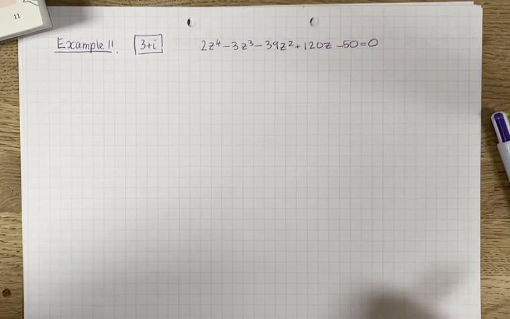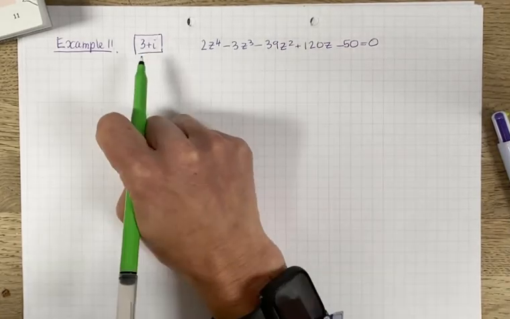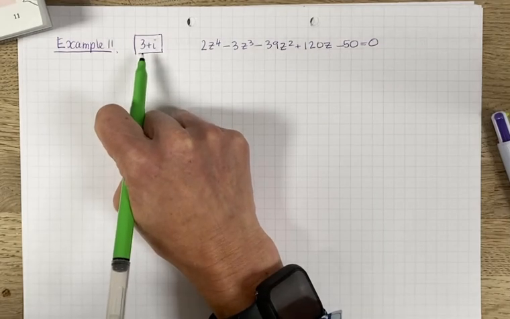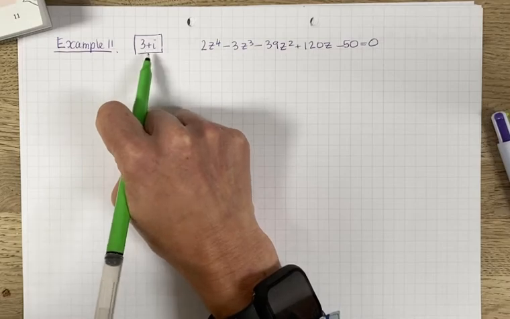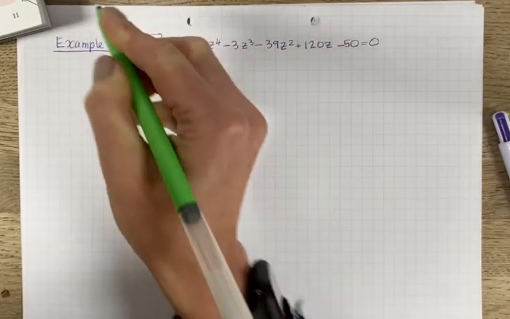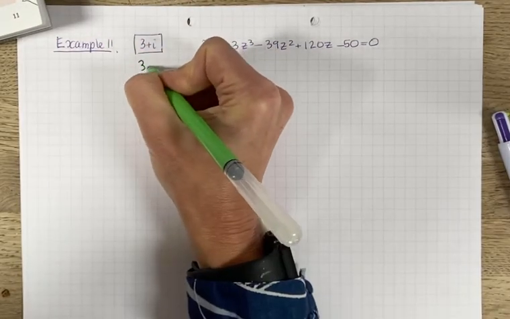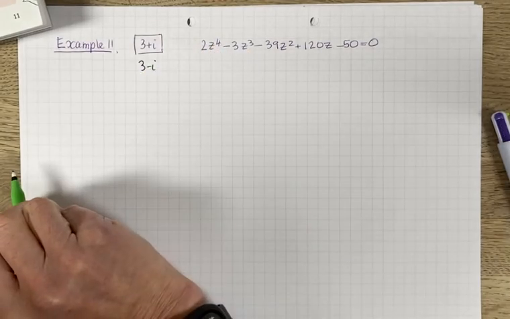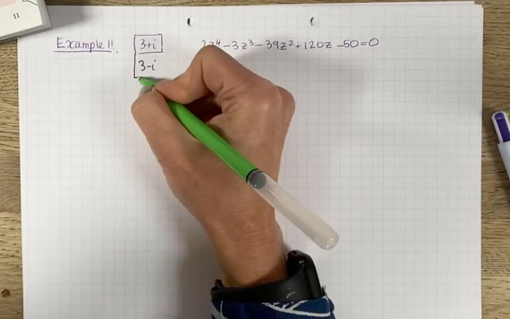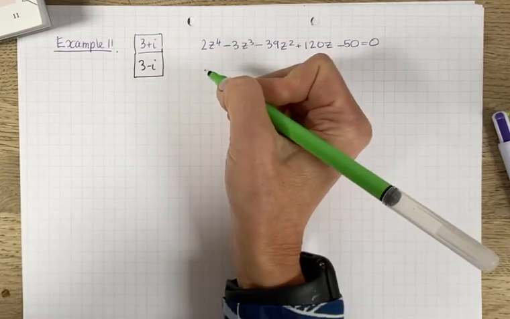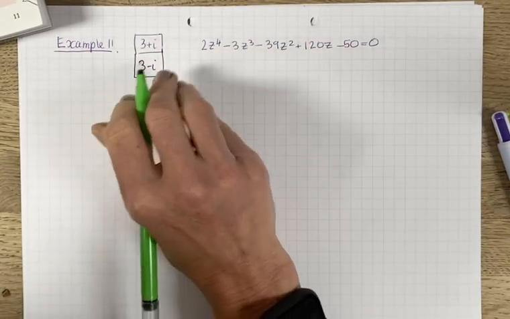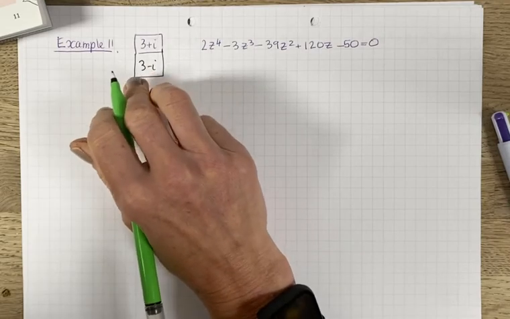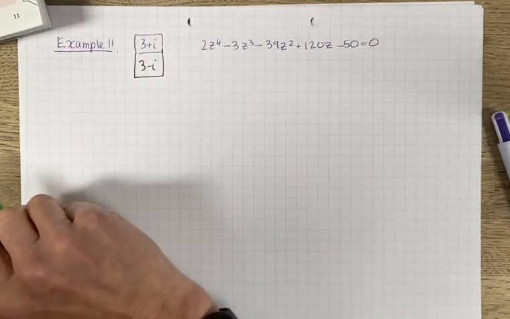Okay, so in this one, we are told that in this quartic equation, one of the roots is 3 plus i. This is really powerful because if you know that 3 plus i is one of the roots, then you know that 3 minus i is also a root. If you know 2 roots which form a conjugate pair, then you can work out the quadratic that these two come from.